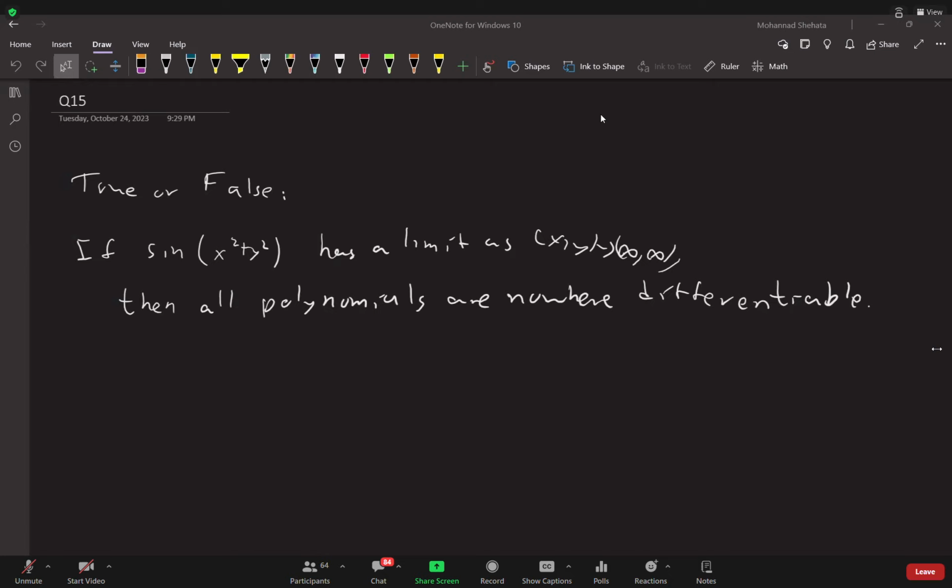So for those who said it's true, why is it true? And for those who said it's false, why is it false? Any justification?